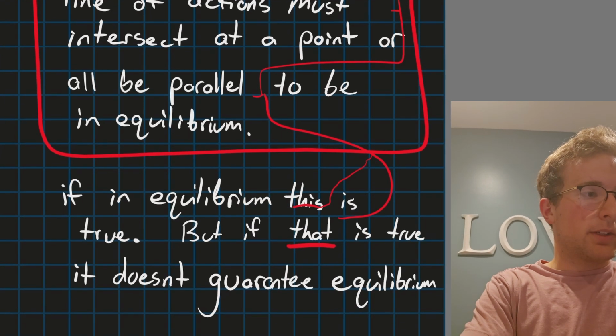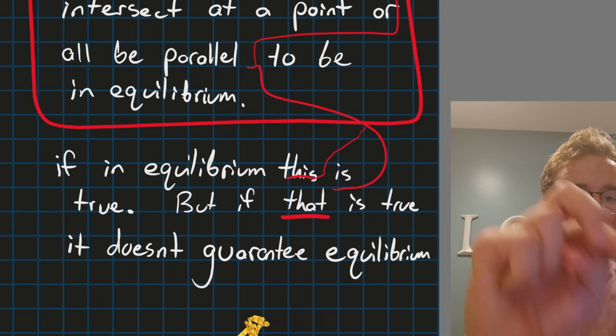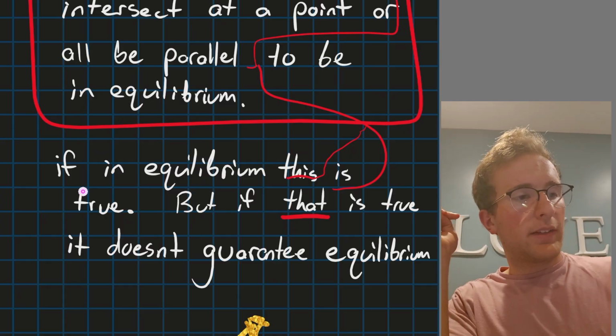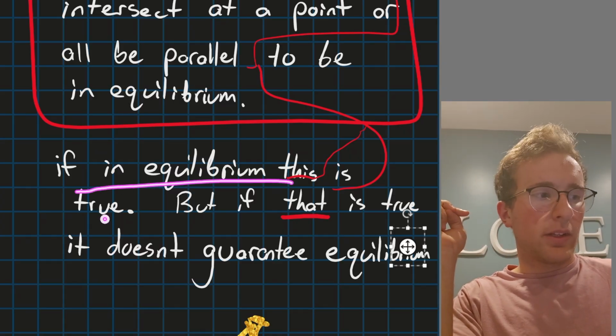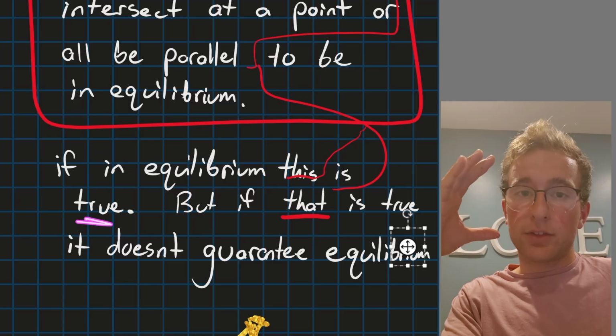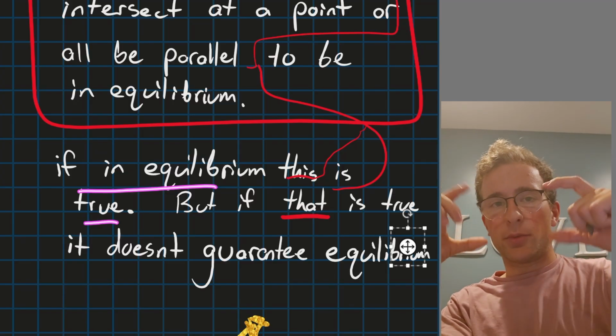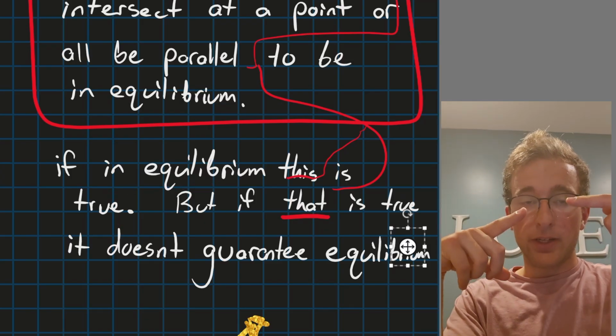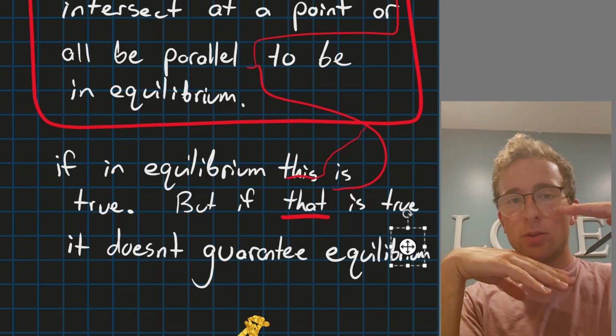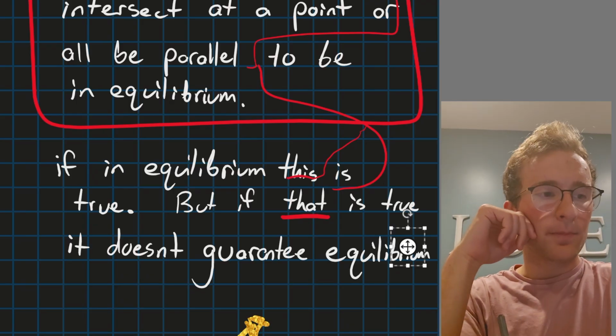If a body is in equilibrium, then those three forces either intersect at a point or are all parallel to each other.